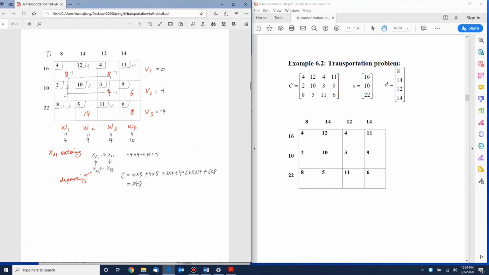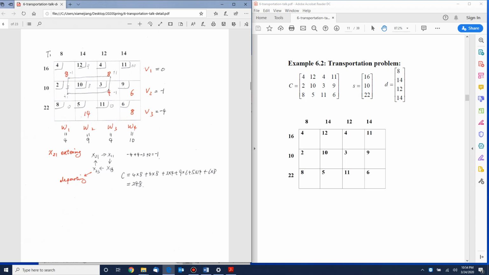Compare the amount of commodity in those cells. You can see that 4 is the smaller one. So in this way, x23 should be departing. Now let's check if we save any money.